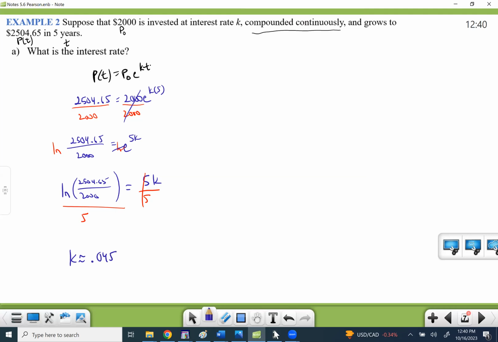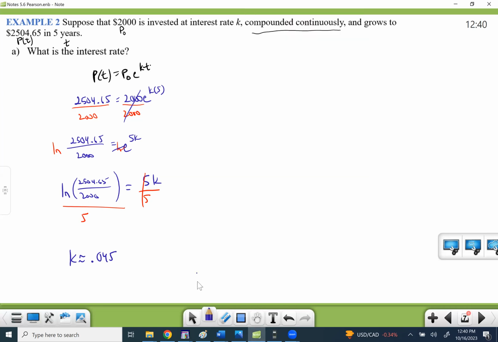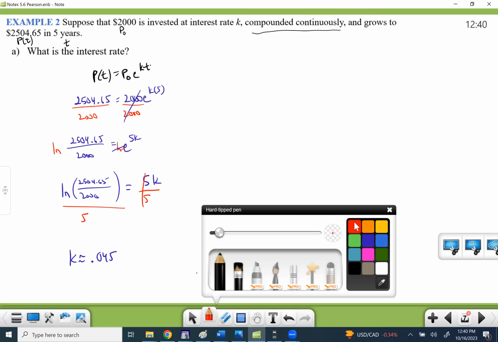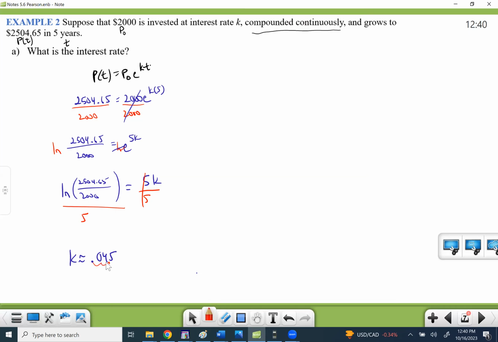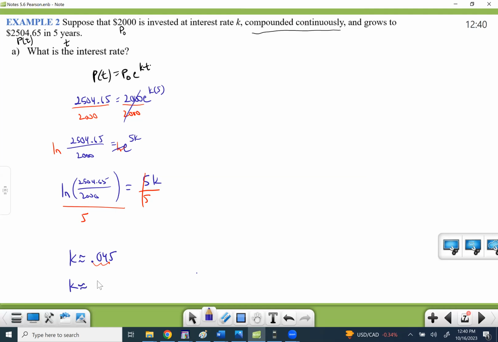Okay. Yeah, that's good. All right, now, usually if you go to the bank, though, they'll move the decimal back to give you the percent. So this would be 4.5% annual percentage rate. Either one's fine. It just depends on how the word problem says they want the answer. I wanted to show you both because I know usually we talk about them in terms of percents.